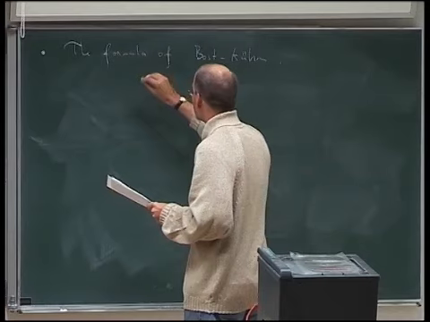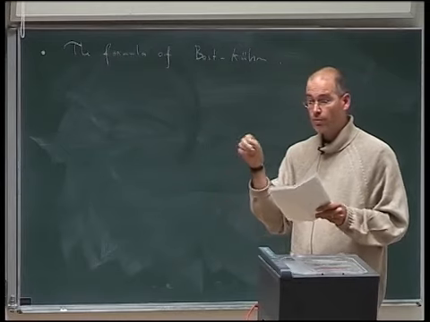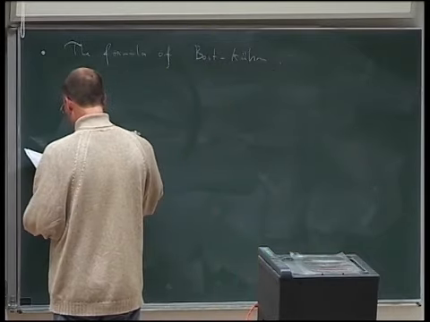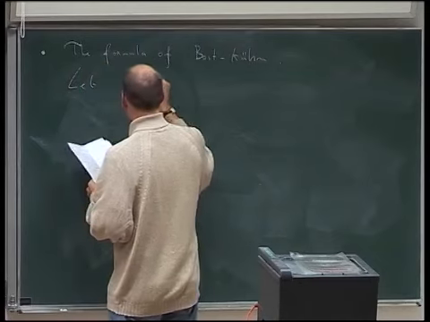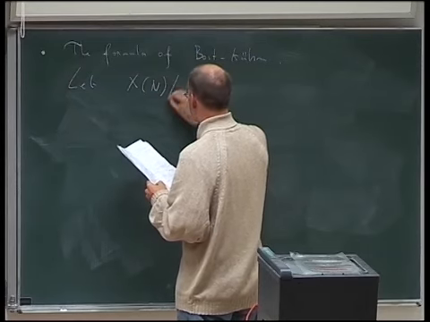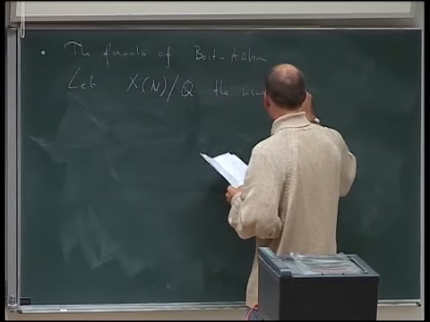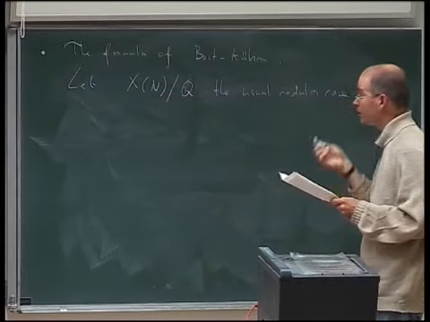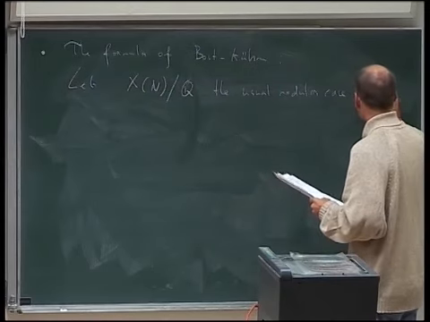So the formula of Bost and Kühn computes an Arakelov theoretic invariant, this omega squared of a modular curve. I'm going to be vague here on purpose because I don't want to define too many objects. So you take X(N) and see it as a curve over Q, the usual modular curve, meaning the fine moduli space for elliptic curves with level N structure.